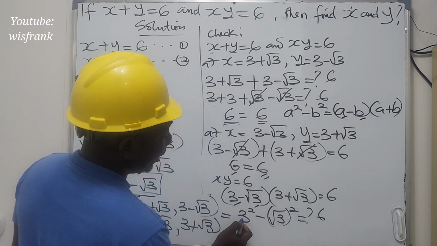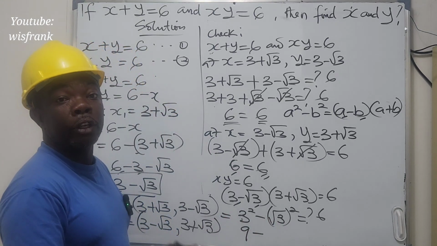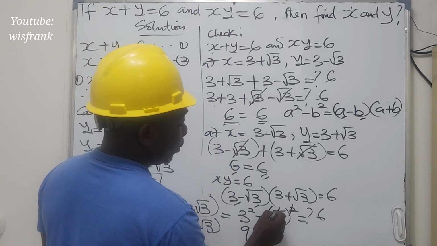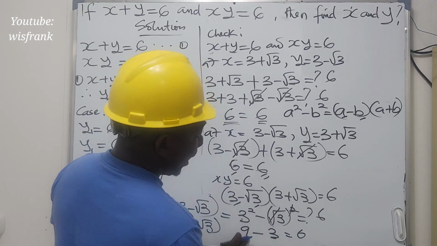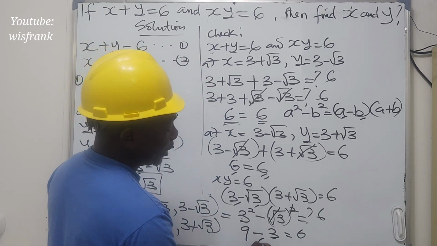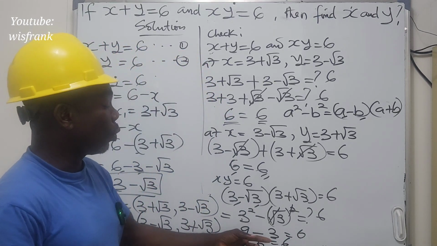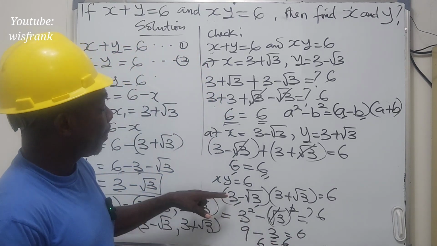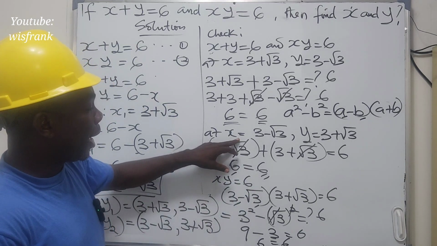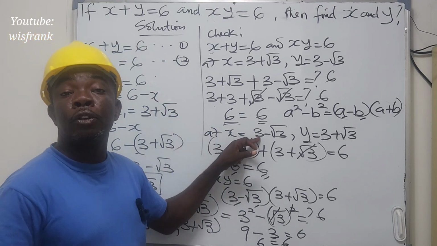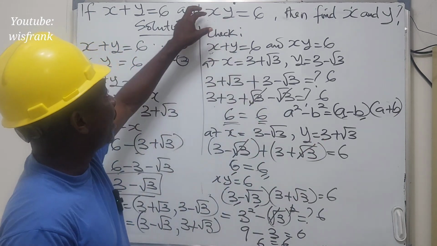We know that 3 to the power of 2 is 9 minus square root of 3 to the power of 2. The 2 will cancel here and the 2 will cancel here, and it will become 3. So 9 minus 3 equals 6, which equals 6. So what we have on the left hand side is what we have on the right hand side. Therefore, at this xy equals 6, where our value of x equals 3 minus root 3 and value of y equals 3 plus root 3, satisfies this equation.